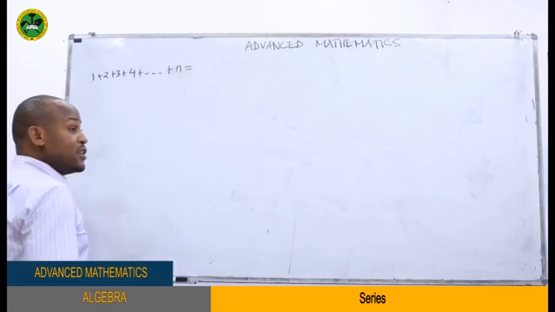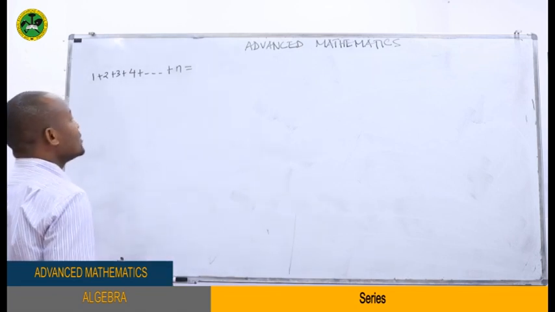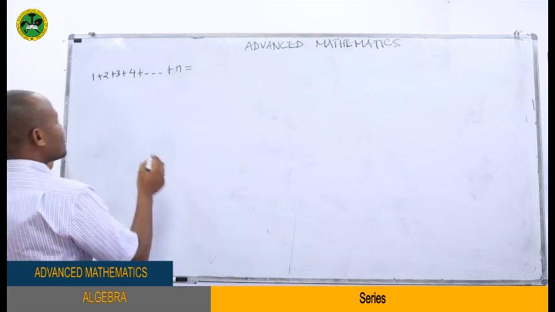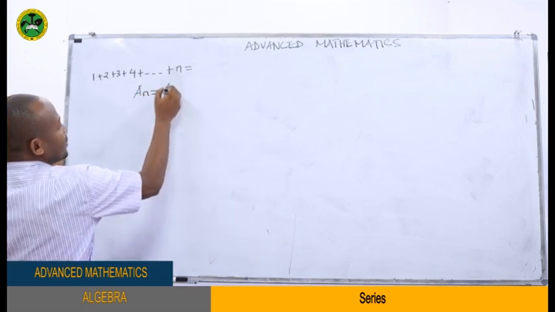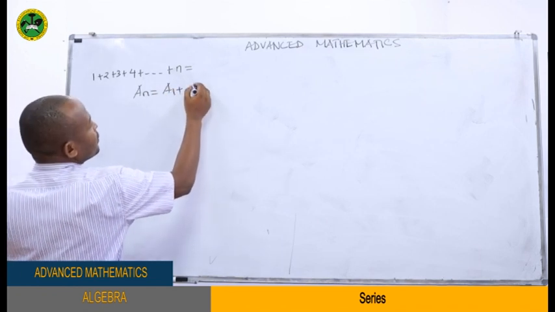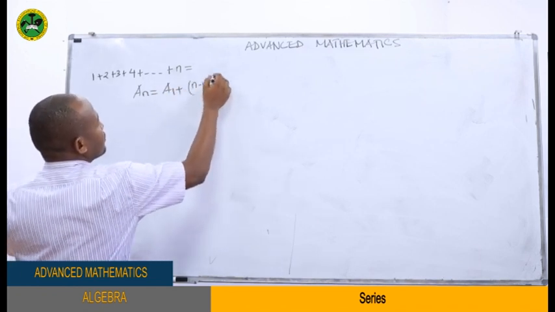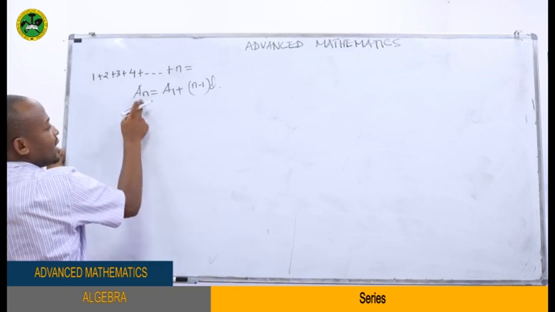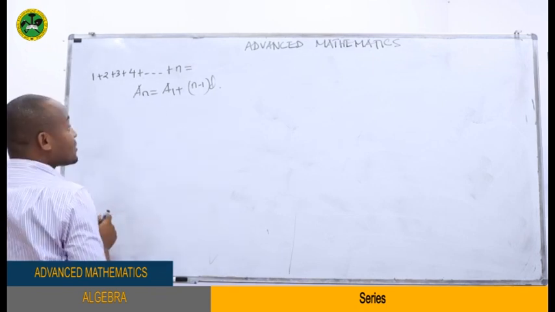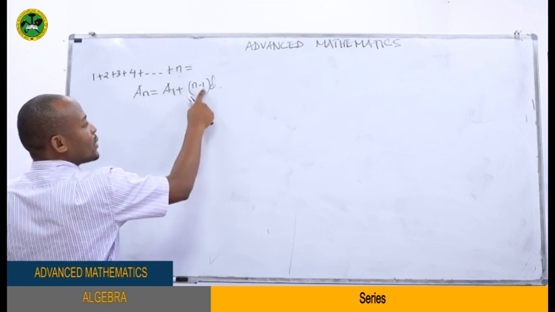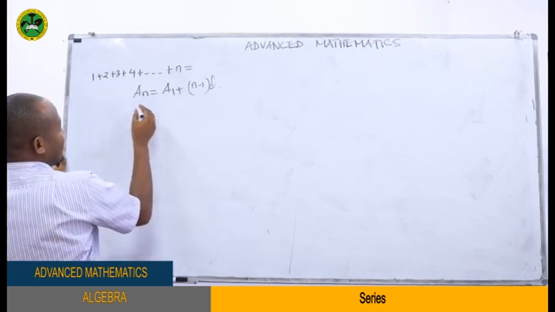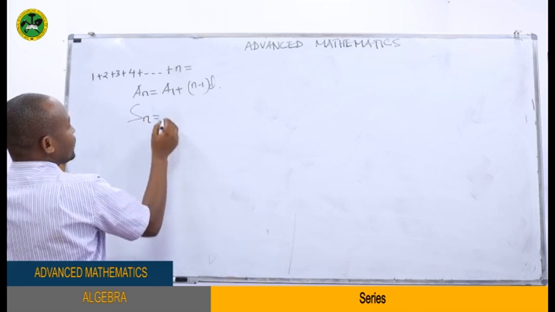Now, when you were in Form 3, you used these formulas. For the nth term, you had this: the nth term of the series is found by having the first term plus the number of terms minus 1 times the difference. And for summation, this formula was used.